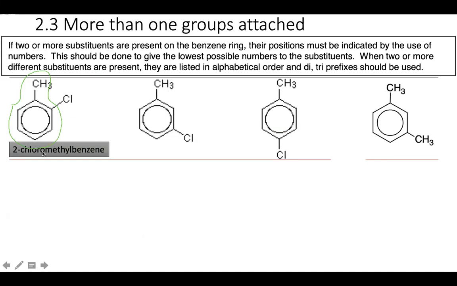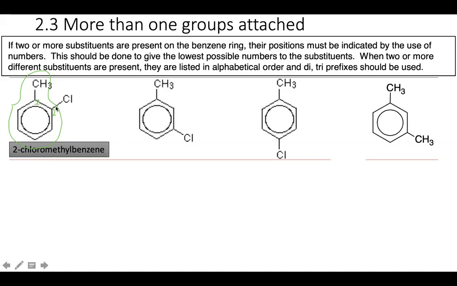Right. So 2-chloromethylbenzene. With methylbenzene, automatically the carbon where your methyl is sitting is carbon number 1. Okay. Numbering system, you could either go clockwise or anti-clockwise, and you always take the smallest number. If you go clockwise, chlorine is number 2. If you go anti-clockwise, chlorine will be carbon number 6.